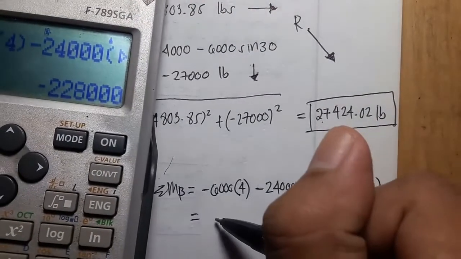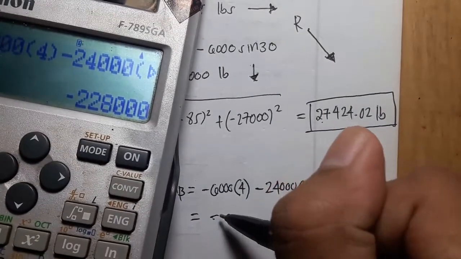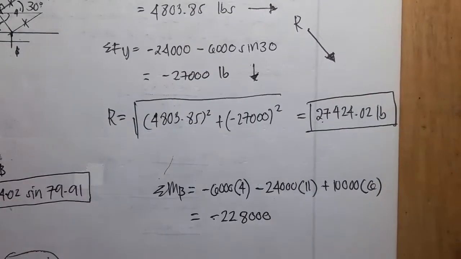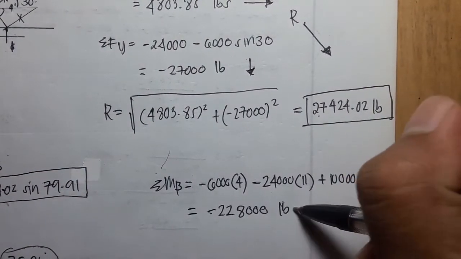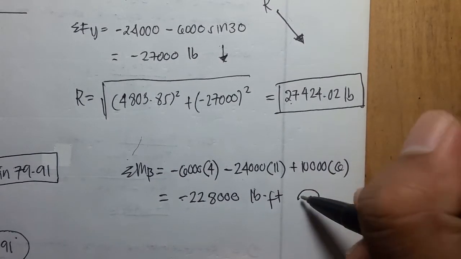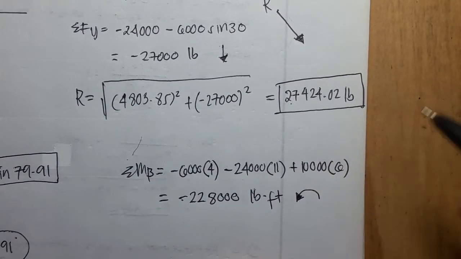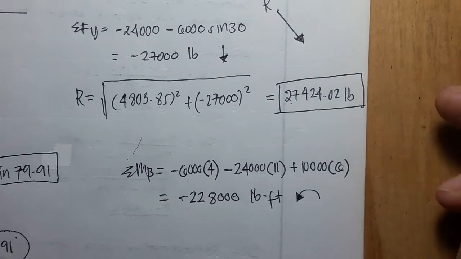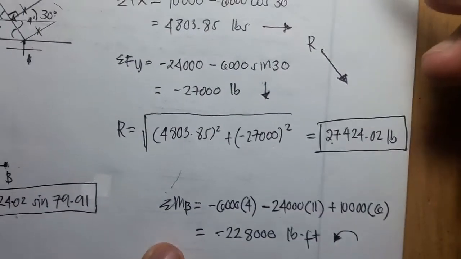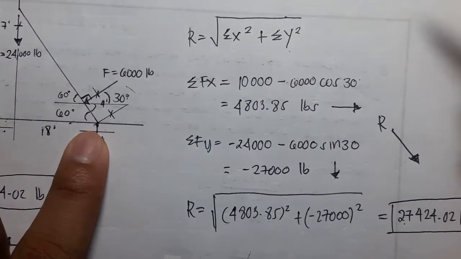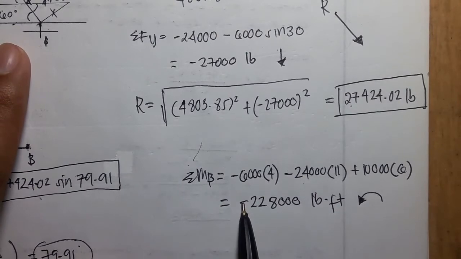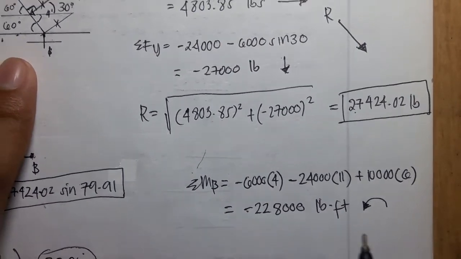So we have negative 228,000 foot-pounds. The negative sign means our rotation is counterclockwise, and also whatever our distance is, it is to the left of point B. So that is the meaning of having a negative moment.